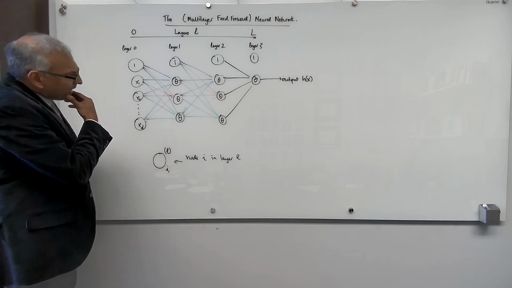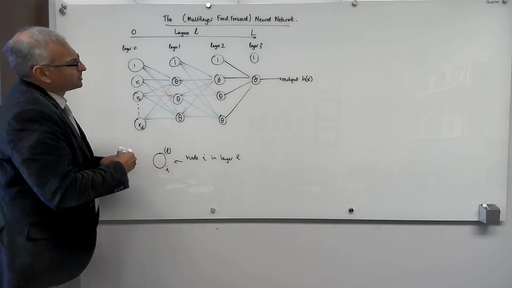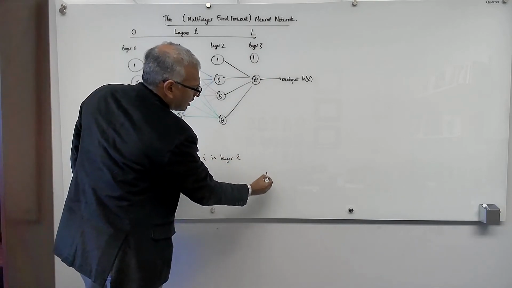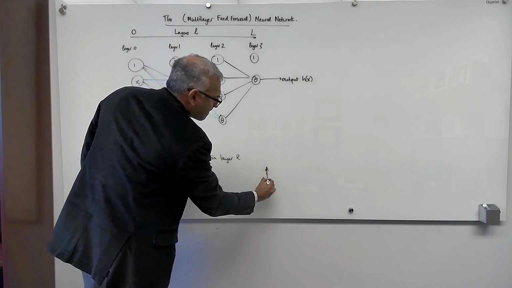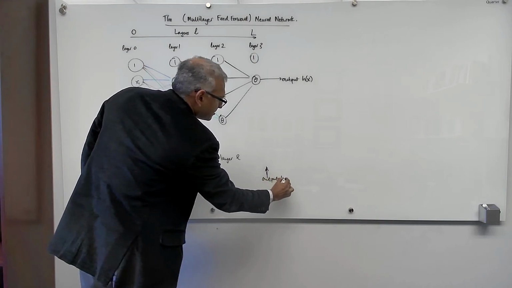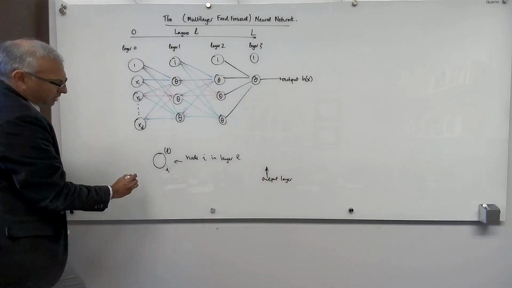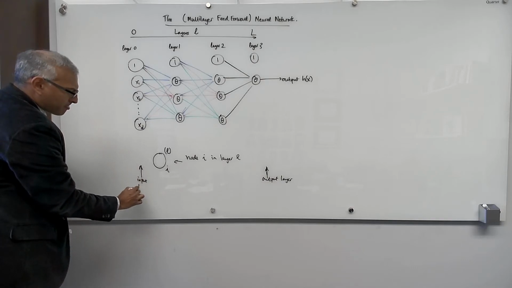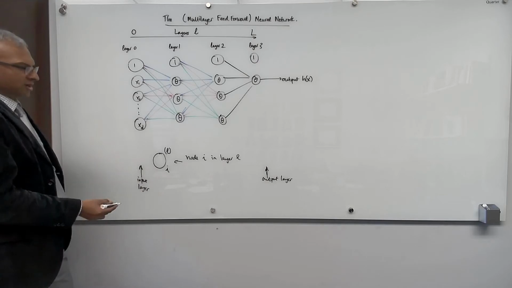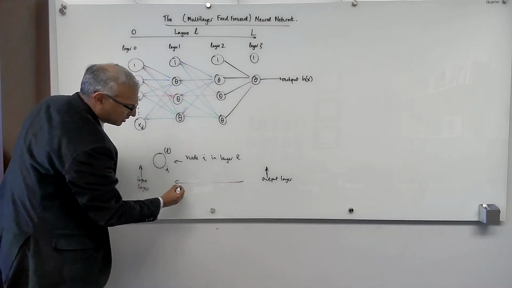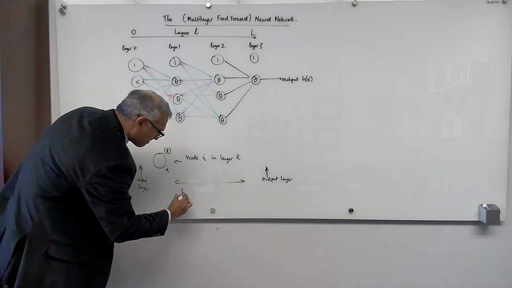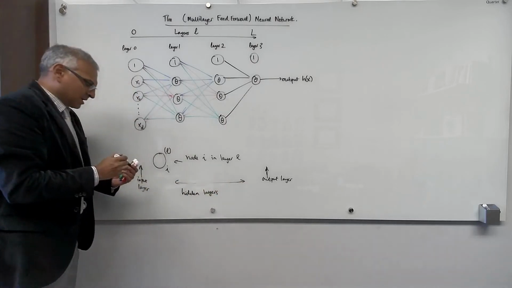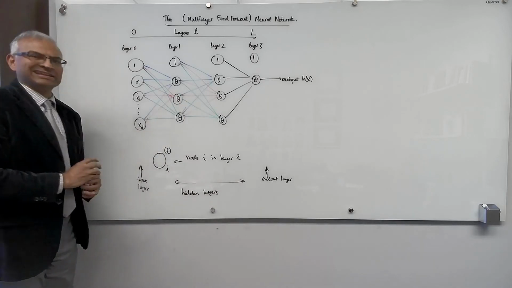This is called the output layer, and this here is called the input layer. No surprises there. In between are what are called hidden layers. In this particular example, we have 2 hidden layers.